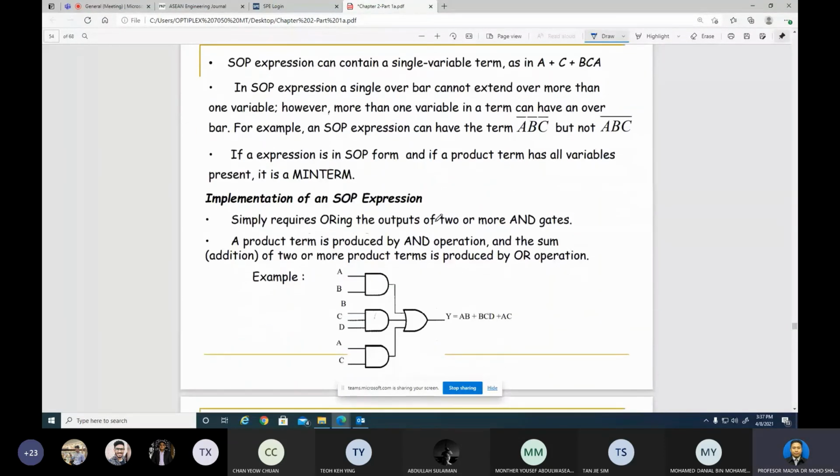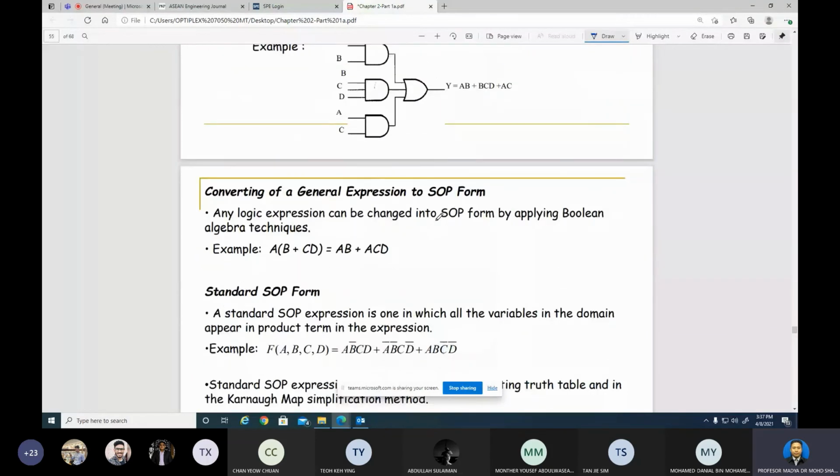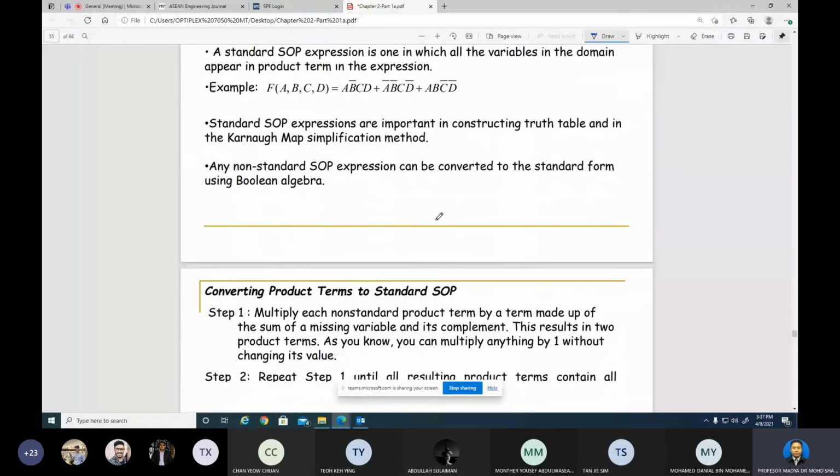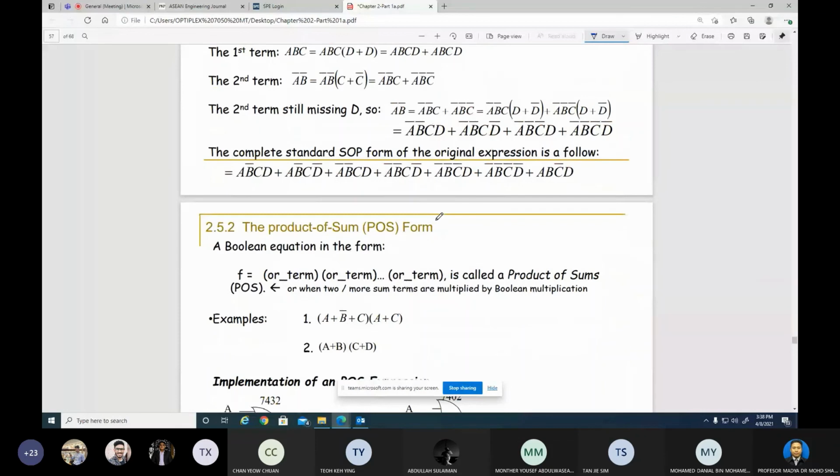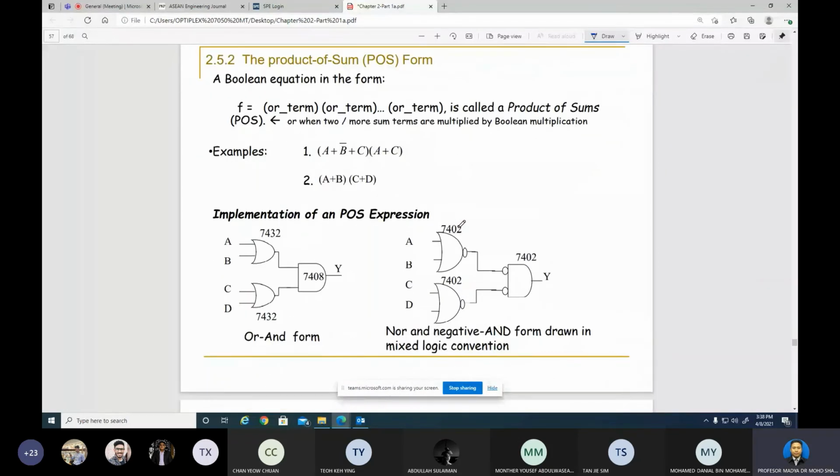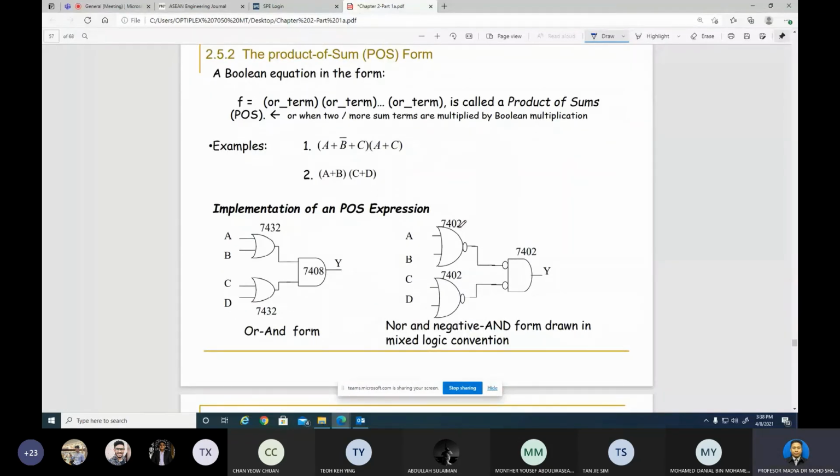Now this one I will skip first. I will go for the POS. POS is the product of sum. Product is multiplication, based on sum here. Sum, so we will add here. Sum is the add.